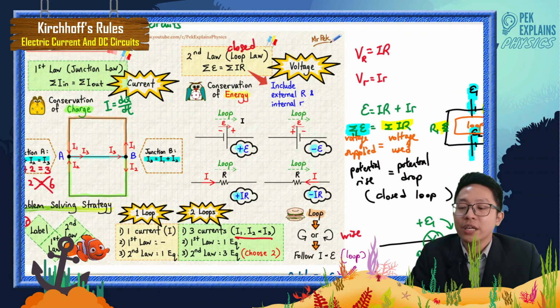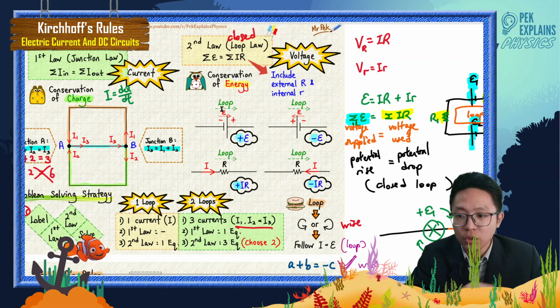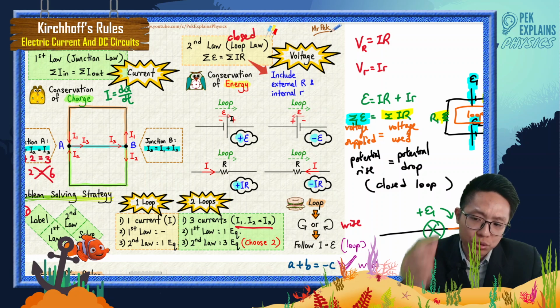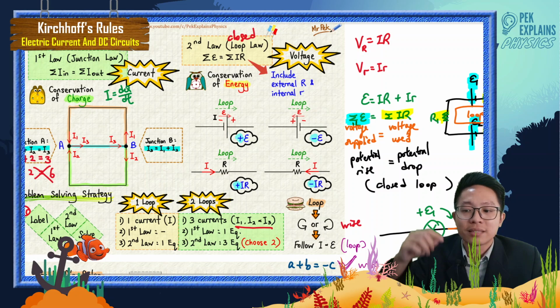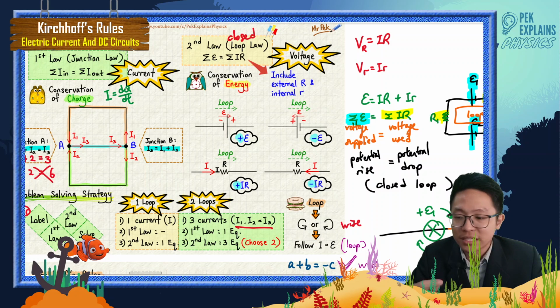As I said, if your loop is in the same direction as the battery, you get positive E. So try to choose the loop direction that is the same as the EMF, and also the same as the current, so that you end up with many positive E and positive IR.